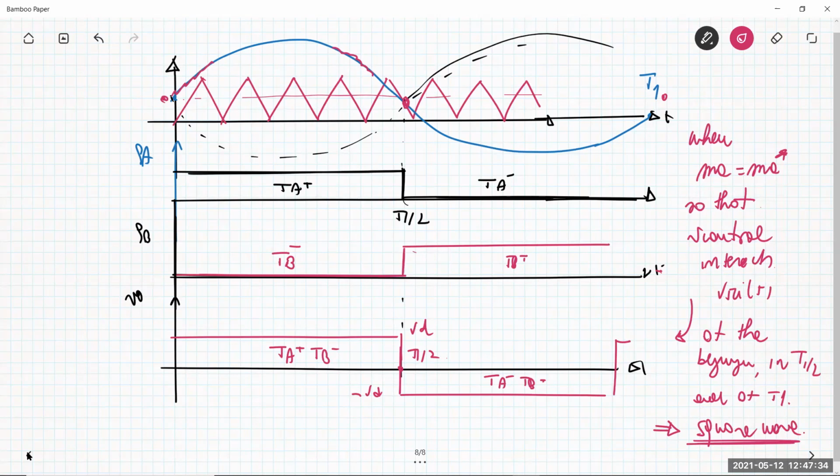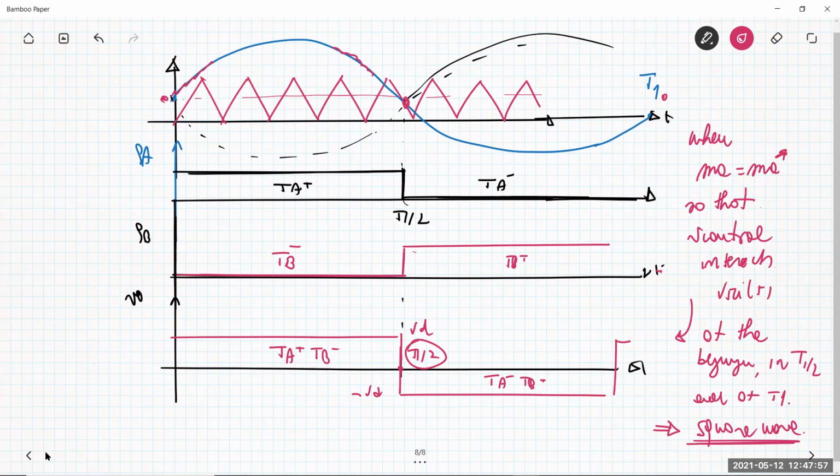And in the square wave modulation, there is no more difference between the unipolar or bipolar pulse width modulator, because the only thing that happens is that for T1 over 2, so half the period of the output fundamental component, you have TA plus and TB minus on. For the second half, you have TA minus and TB plus on.